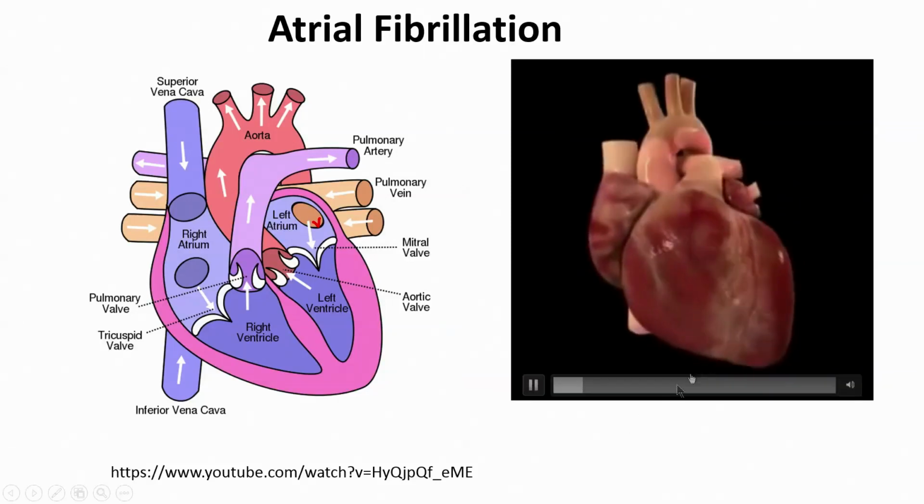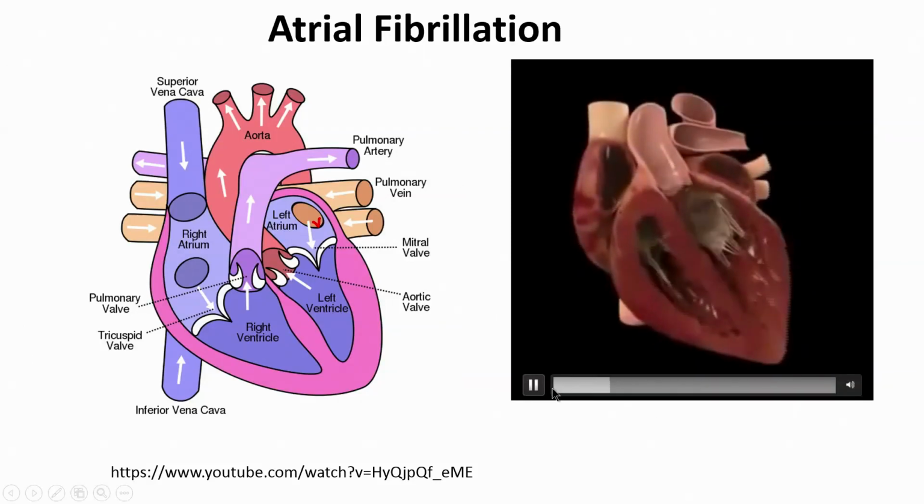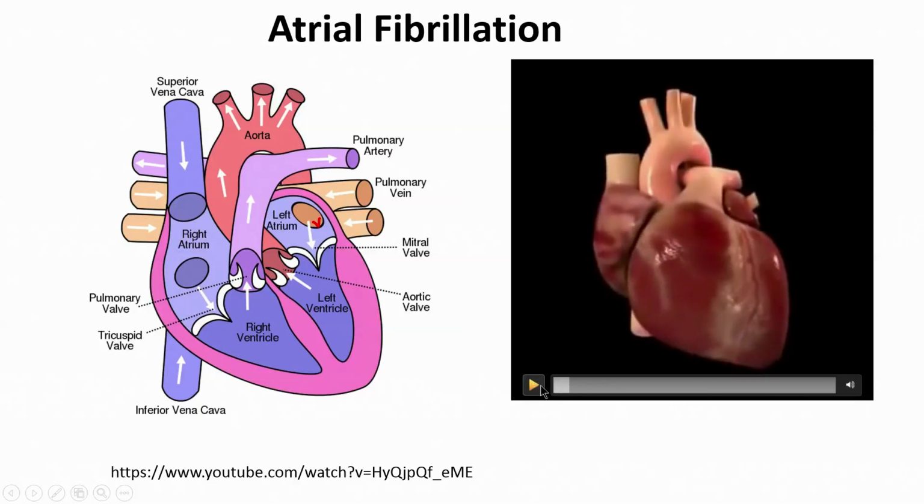You can clearly see what we are talking about: the aorta, which is here, the pulmonary artery, pulmonary veins, superior vena cava, inferior vena cava.